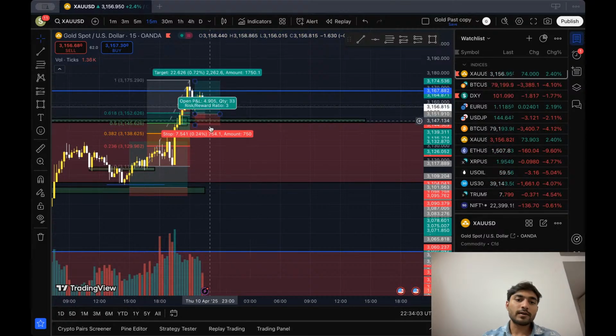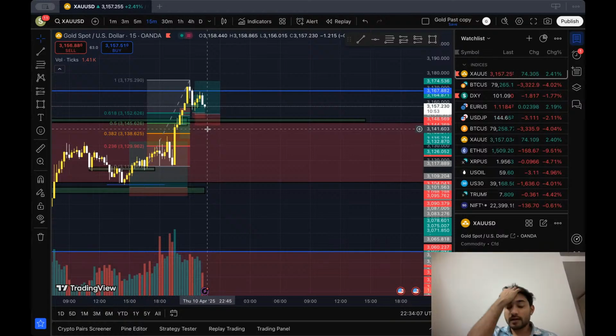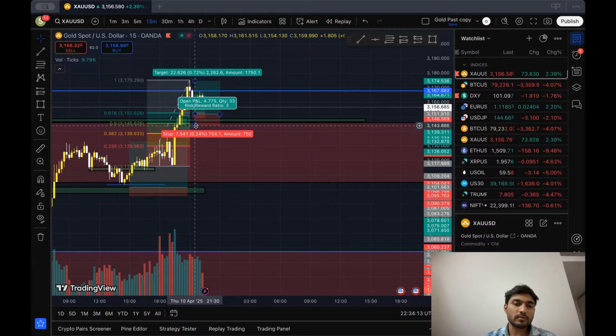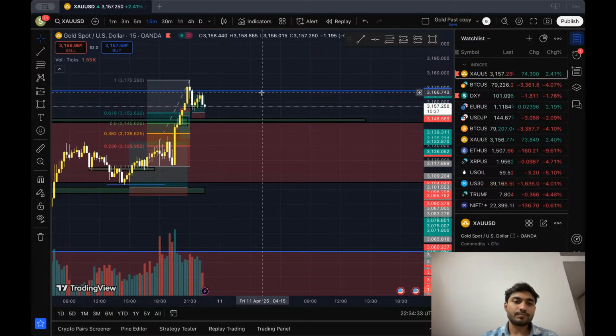This would be the trade if it reaches, but we don't do trading in that manner, because it's 90 pips to stop loss. 70 to 80 pips to stop loss we don't have. We'll have mostly 50 pips to stop loss at max, or 55 around that, because the market is a little volatile at this time. We'll enter with a little less quantity. That is all. Okay, let's take out this trade.